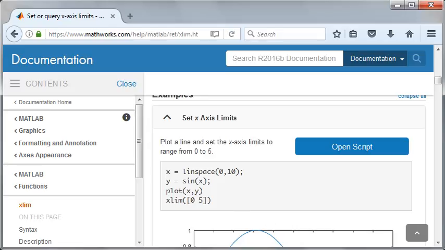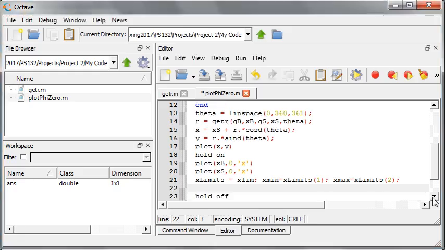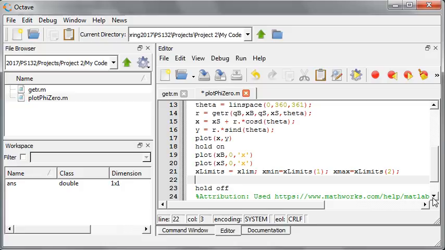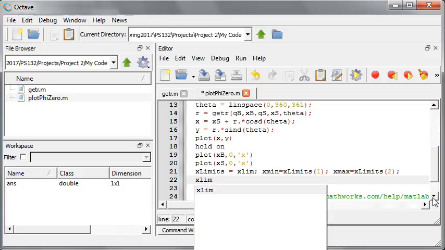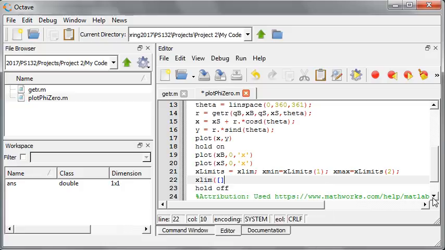So you use that same thing, but this time it's setting the limits rather than querying the program as to what the limits are. So xlim of brackets is what the command is.